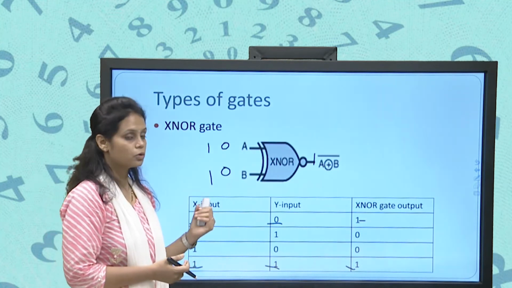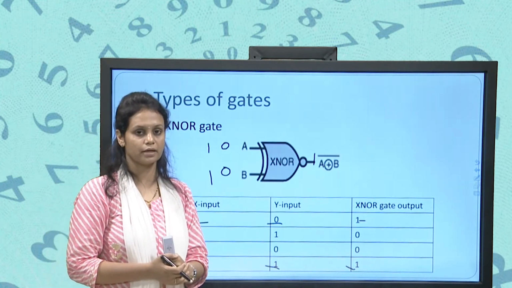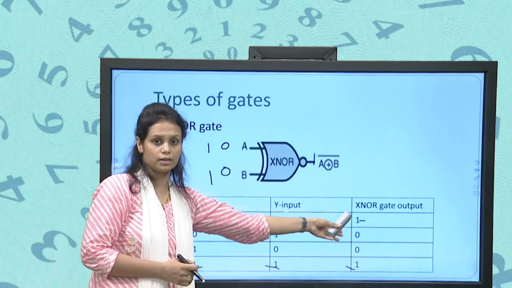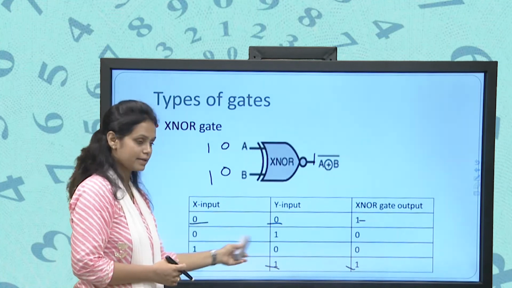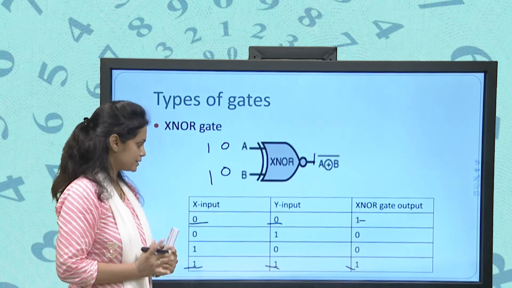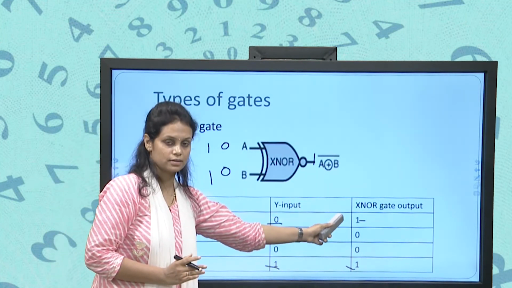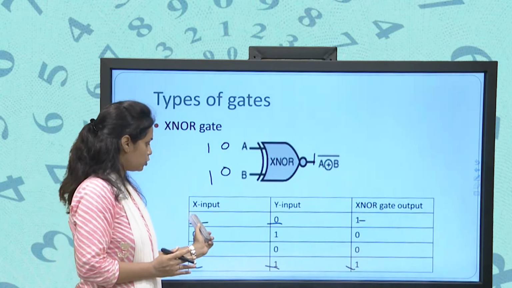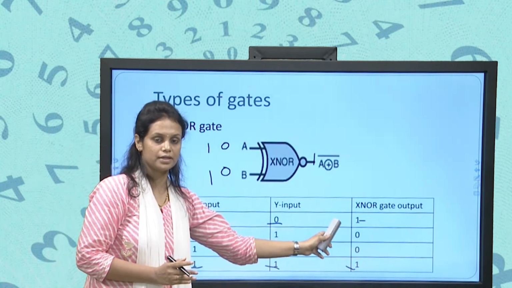How is XNOR different from the XOR gate? I am repeating again, the XNOR gate will give the output 1 if your 2 bits are the same, while in the XOR gate if your 2 bits are the same then the output is always 0.